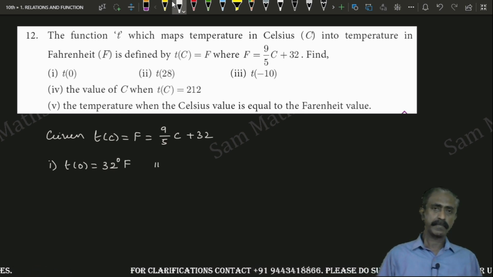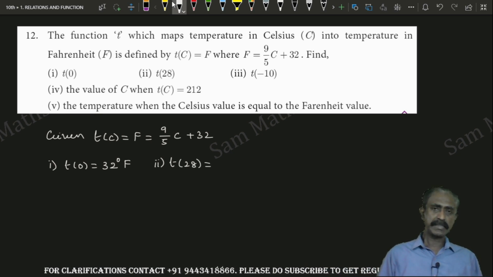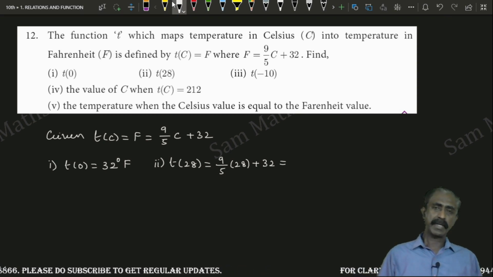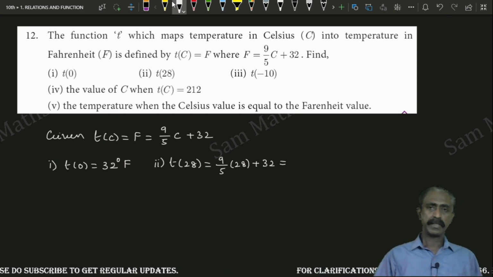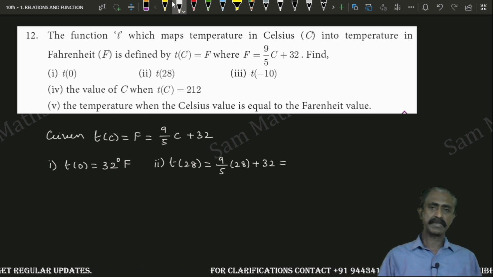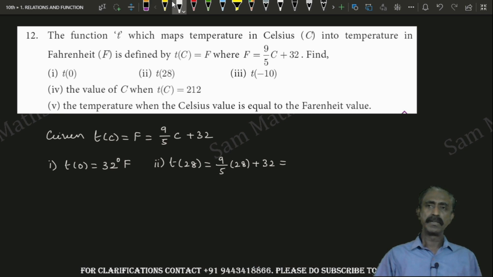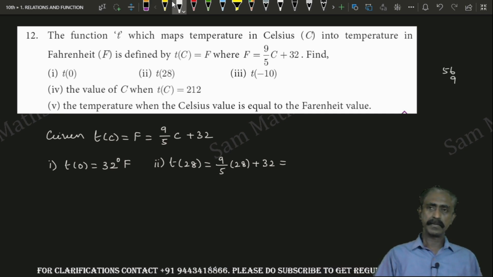Second one, T of 28, which is equal to 9 by 5 into 28 plus 32, which is equal to, we can calculate this value, that is 28 into 2 I am taking, since I want to make the denominator 10. So 28 into 2 is 56 into 9.